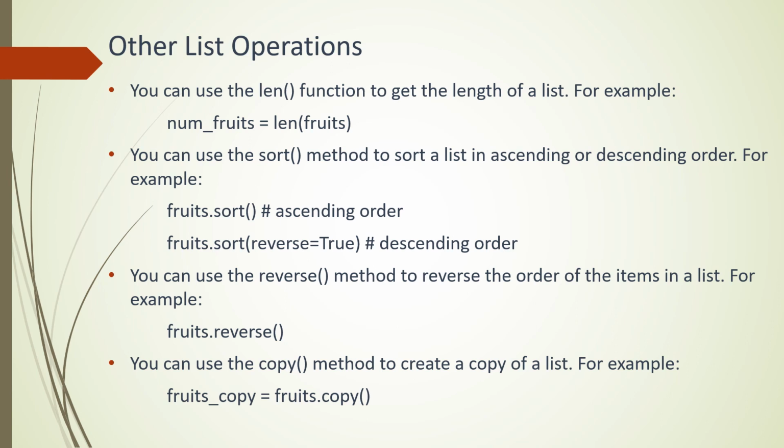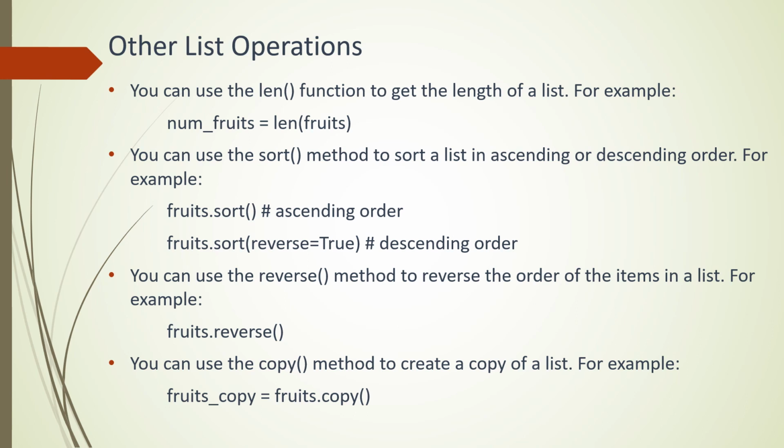The copy method creates a shallow copy of a list. This means that the new list is a separate object, but the items in the list are still references to the original object.